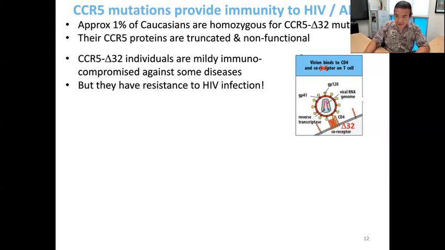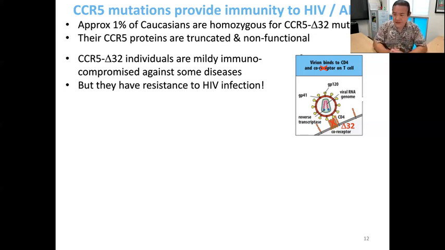Interestingly, about 1% of people of Caucasian descent, in particular those of European descent, are homozygous for a mutation in the CCR5 gene.